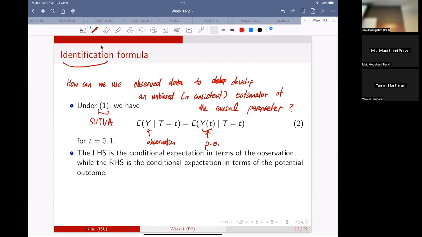So then we can bridge from what you have to what you want. Okay, so here's a verbal description. The left-hand side is the conditional expectation in terms of the observation, while the right-hand side is the conditional expectation in terms of the potential outcomes.